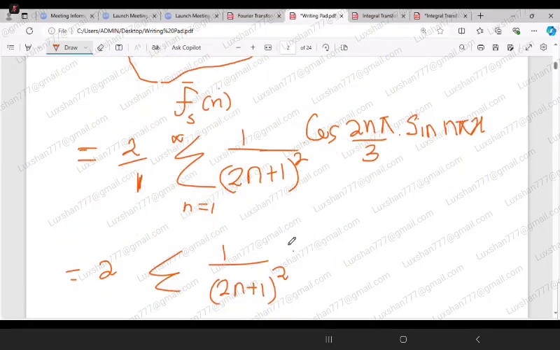So you can say sine, let's write first cos, whatever it is, you can write it, no problem. Cos 2n pi by 3 into sine.